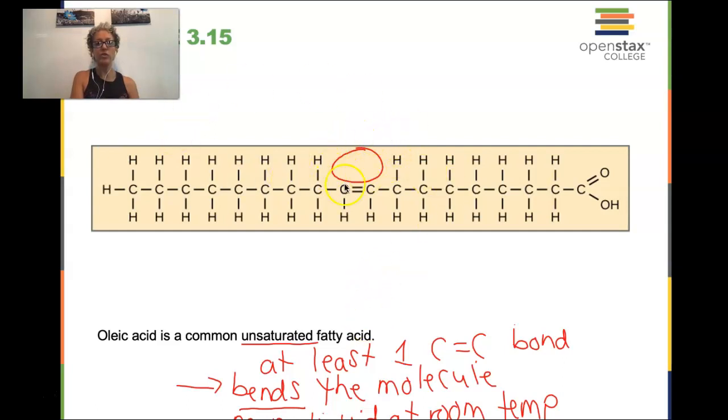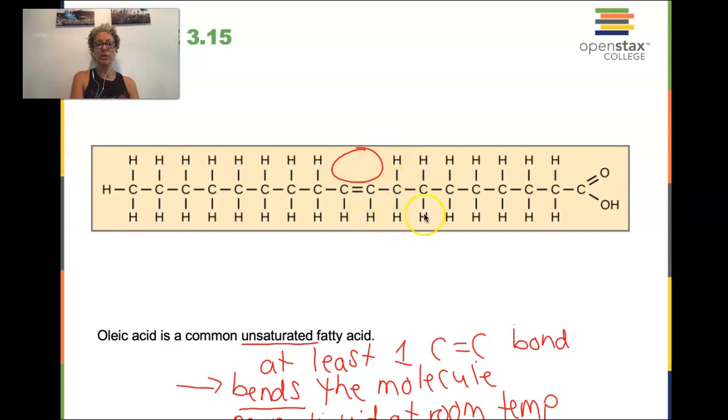And I've circled this here because we don't have hydrogens. Oleic acid and the stearic acid from the previous slide have the same number of carbons, but oleic acid has fewer hydrogens because of the double bond. Carbon can have 4 bonds. We have 1, 2, 3, 4. Around this one, 1, 2, 3, 4.